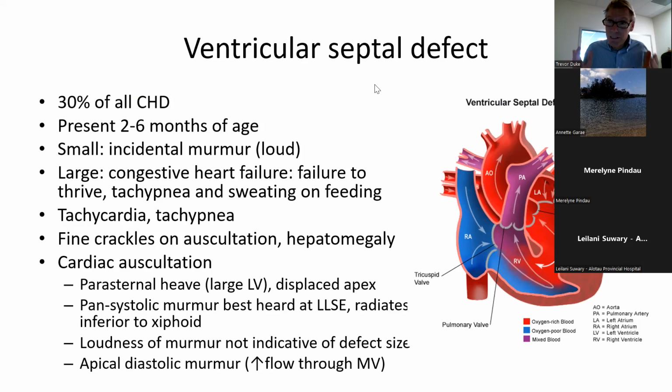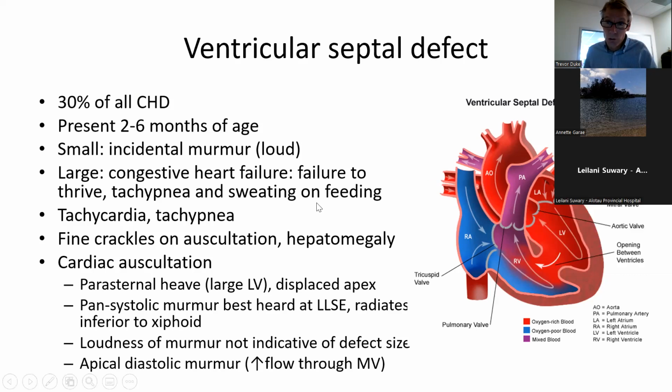And whether they present just with an incidental murmur or the age at which they present, it depends on the size of the VSD. So very large VSDs will present at 2 or 3 months of age, and very small VSDs may present at 6 months of age or later, or not at all, because they just present with an incidental murmur.